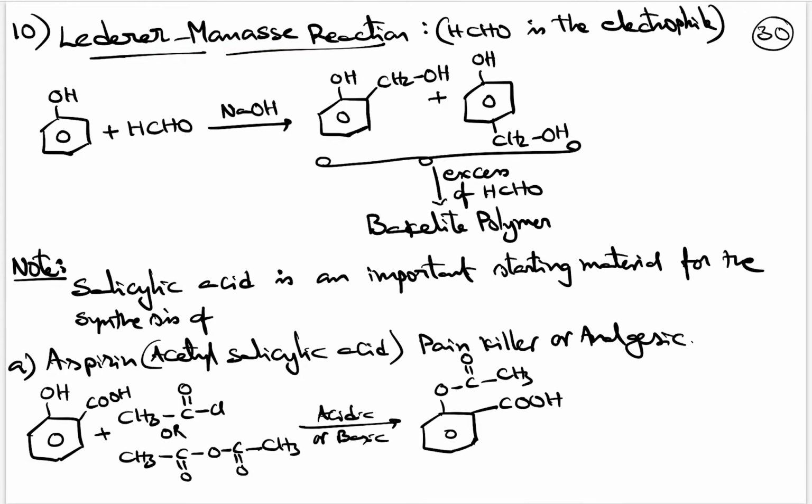Then the Lederer-Manasse reaction. Here formaldehyde is the electrophile. So when phenol is treated with formaldehyde in presence of NaOH or KOH, we will be getting CH2OH at the ortho position.